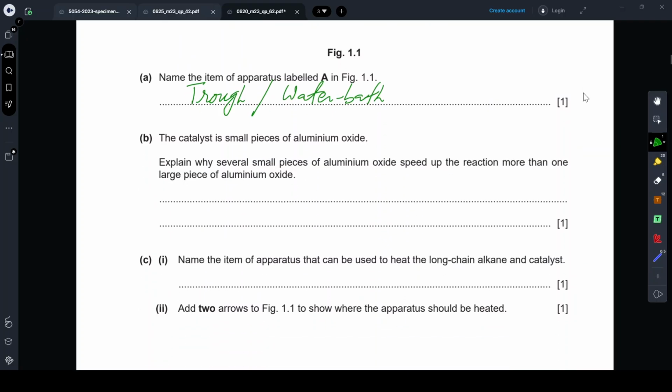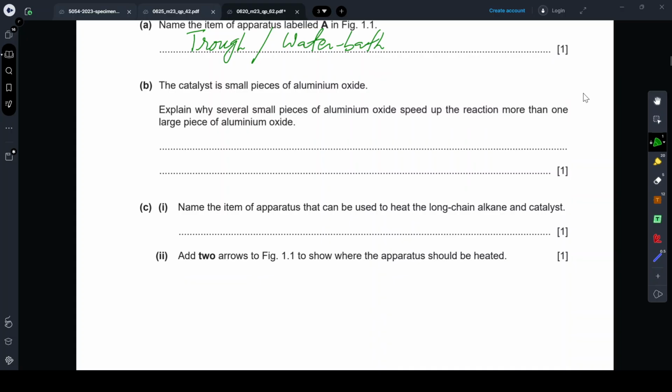Does this have something to do with greater total surface area? Yes. So you can say larger surface area is available.